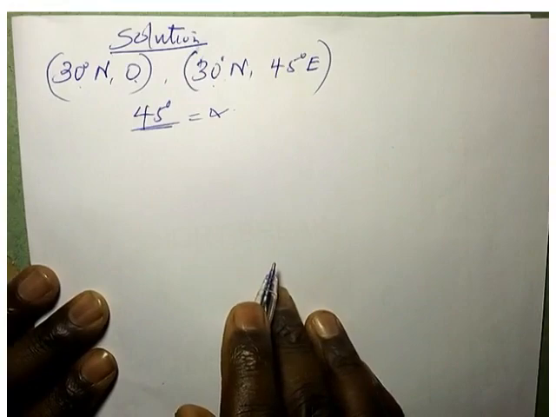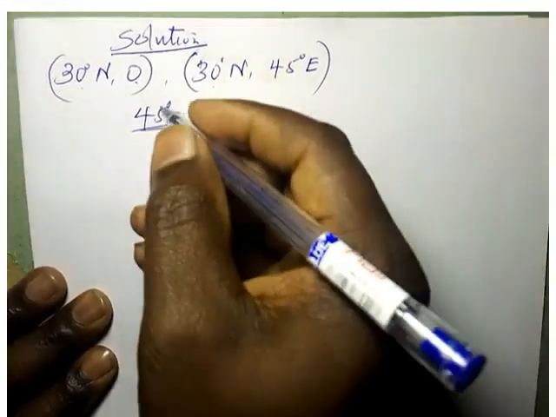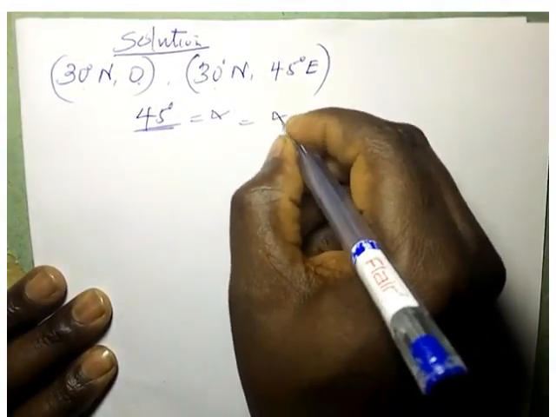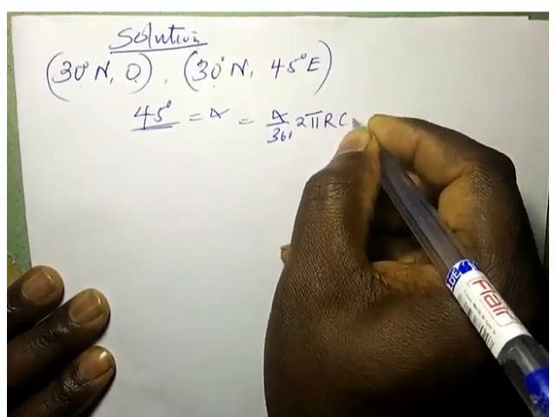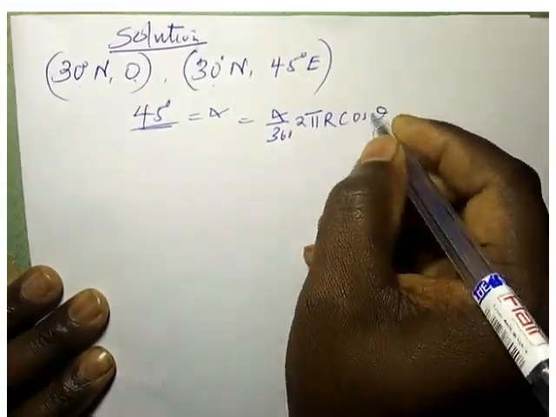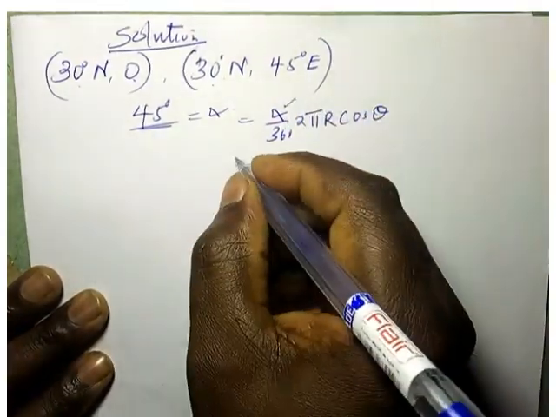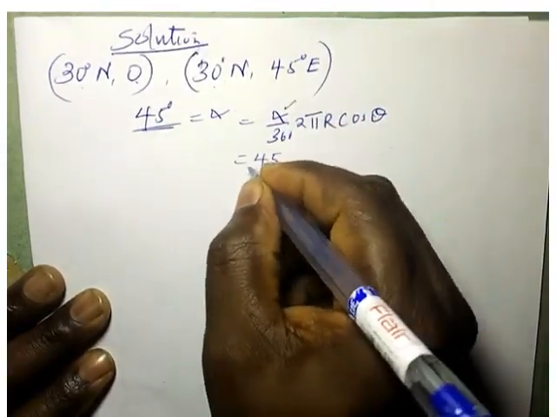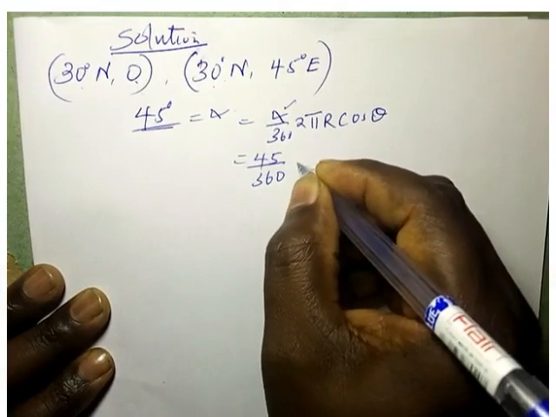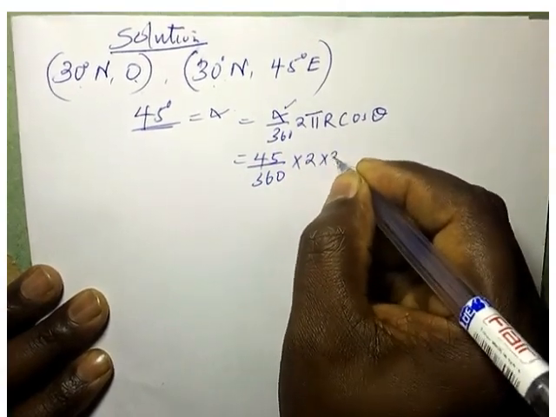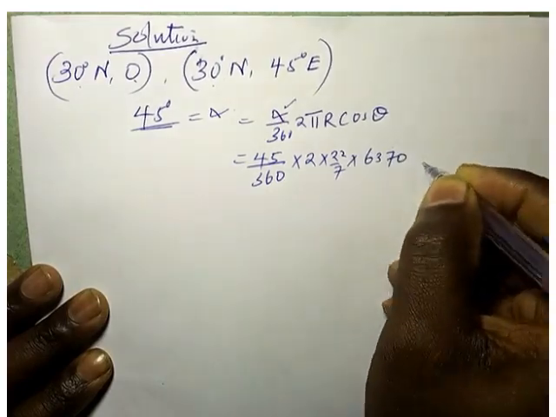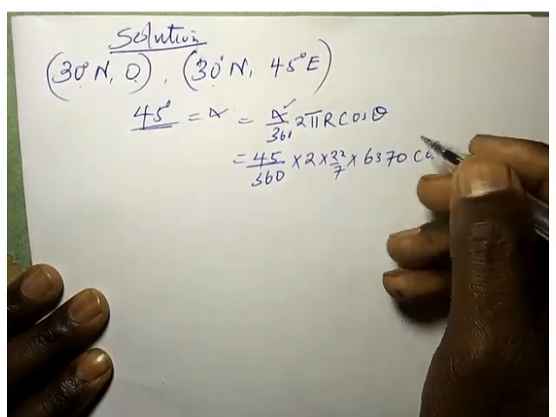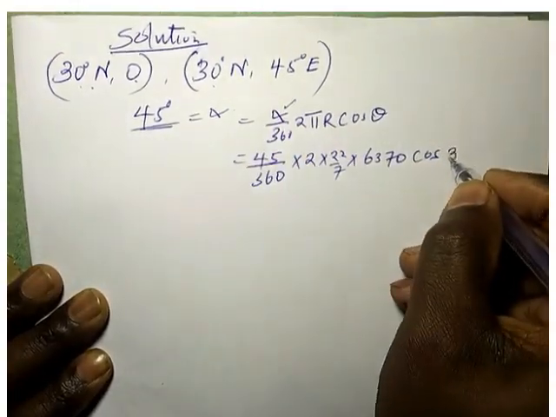How do we get the distance in kilometers along a small circle? We know the formula: alpha over 360 times 2 pi r cos theta. So we have 45 over 360 times 2 times 22 over 7 times 6370 times cos 30.